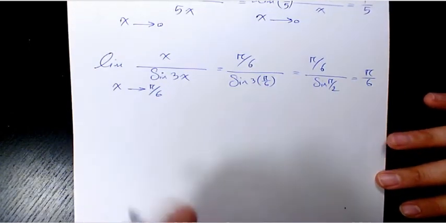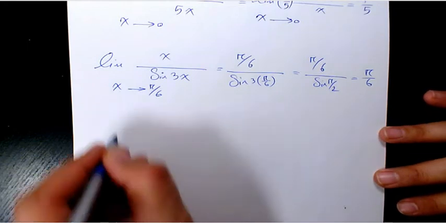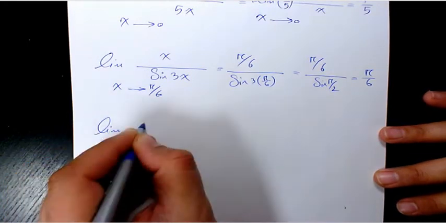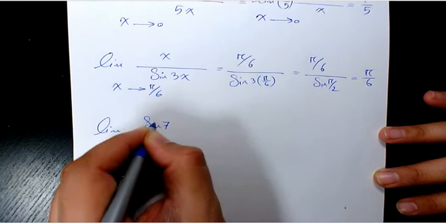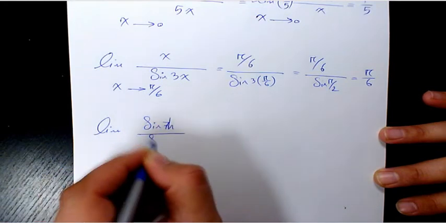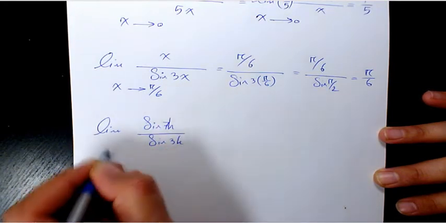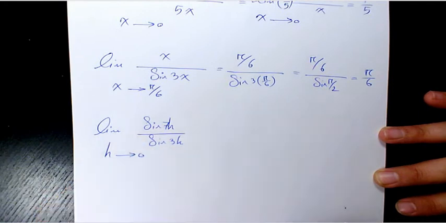Next one is the limit of sine 7h over sine 3h when h is approaching 0.